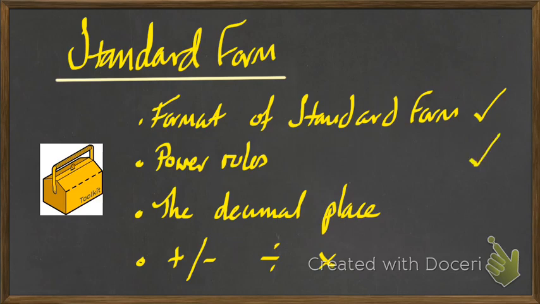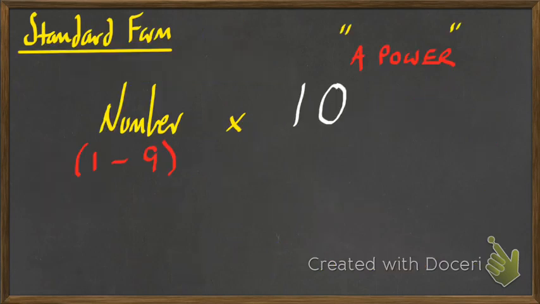We also need to understand how a decimal place works, and then we're going to look at adding, subtracting, dividing or multiplying, and converting numbers, all to do with standard form.